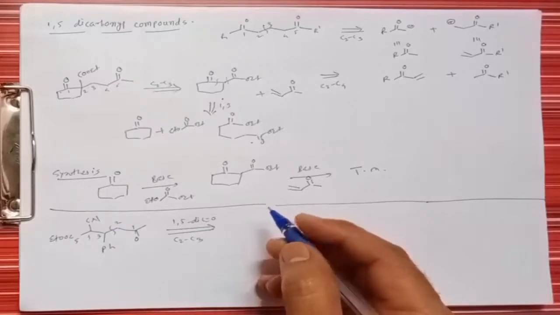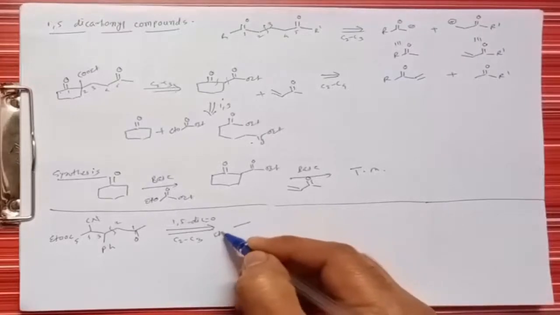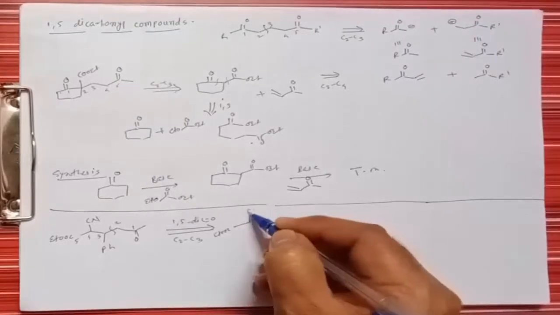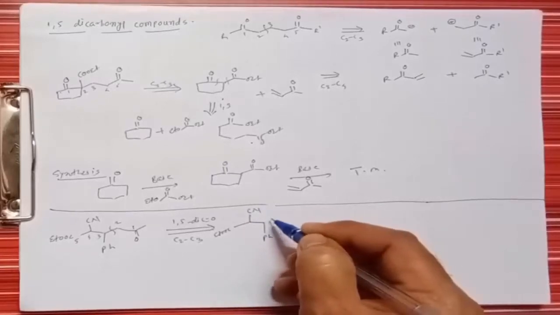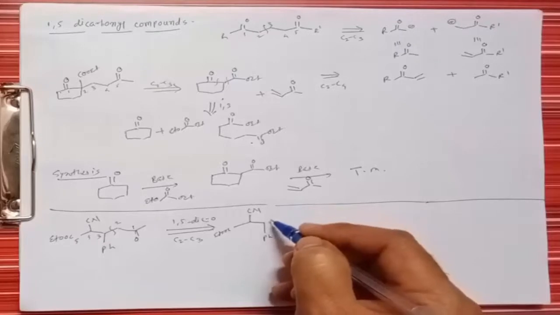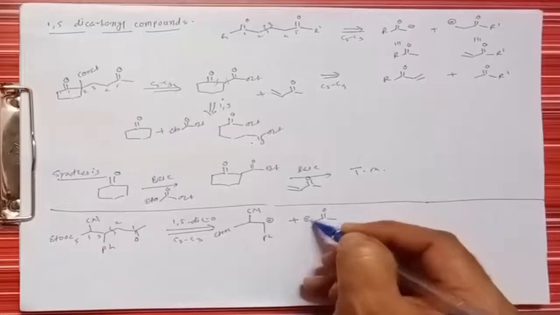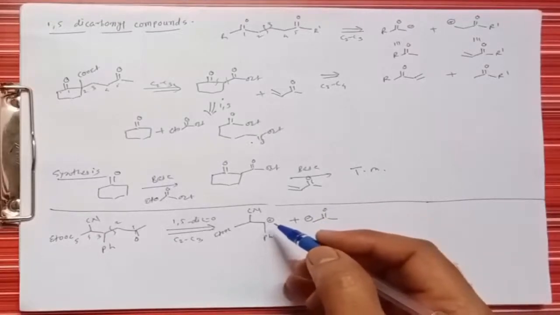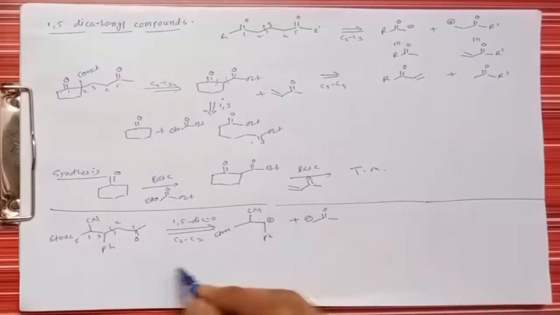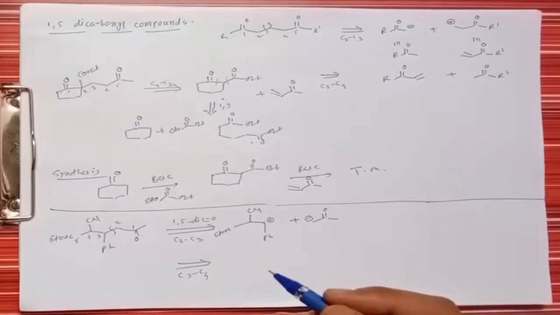It gives the formation of EtOOC, CN, then Ph, and here a positive charge, plus a ketone with a negative charge. But the synthesis of such a molecule is again quite difficult, so instead of breaking this bond, we can break the bond at the C3 C4 position.